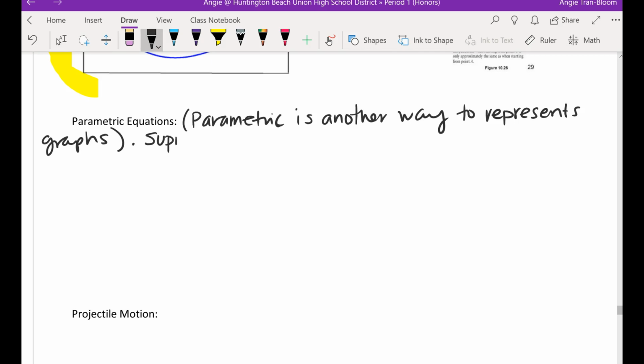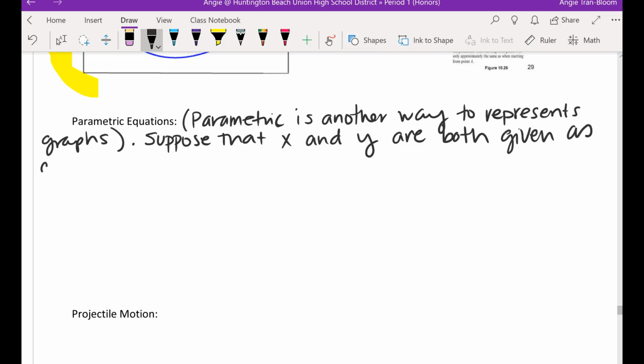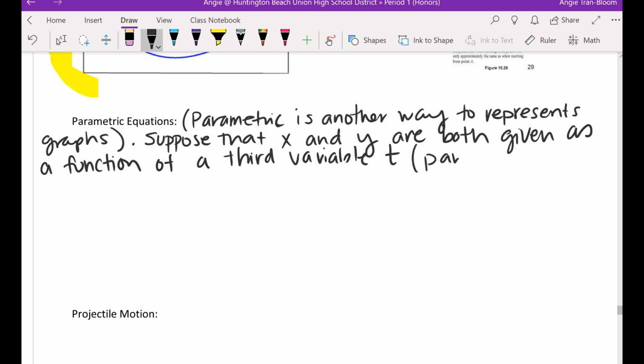Suppose that x and y are both given as a function of a third variable. Let's call it t, okay? And t is the parameter.